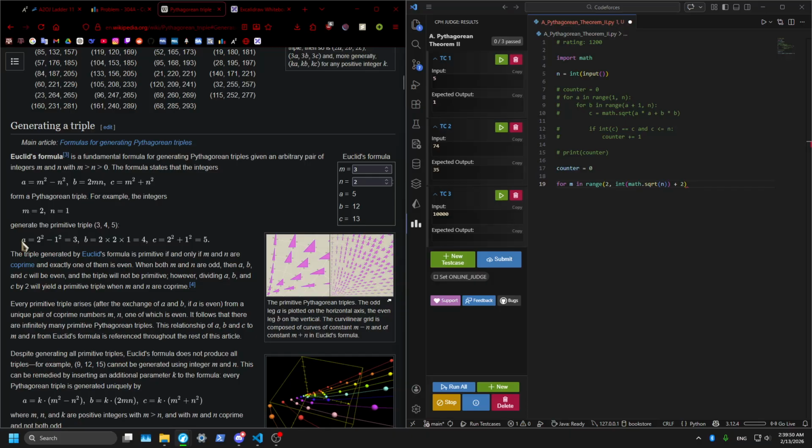So we only need m squared less than or equal to n. So that's why we only need to check up to here. And with plus 2, just a safety bound, I guess.